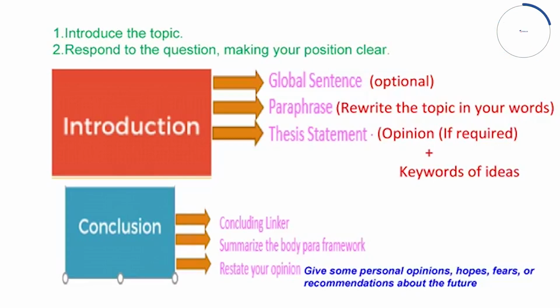Why are they not getting 7? There is something fishy. So I identify that mistake and make them aware of it. Trust me on this. Keywords of ideas are very important for the students who are going for 7 bands.